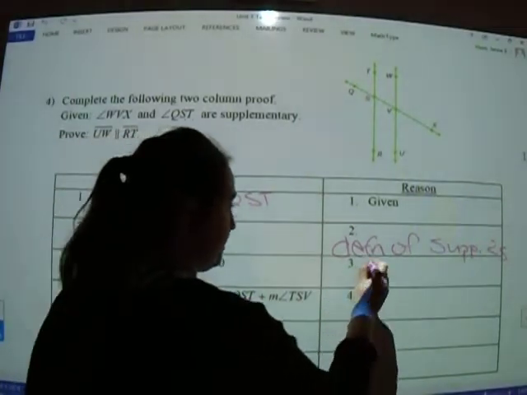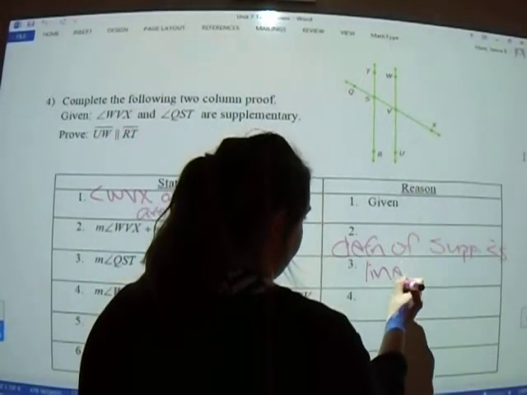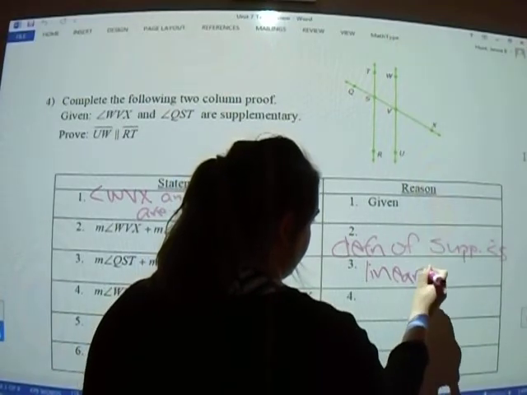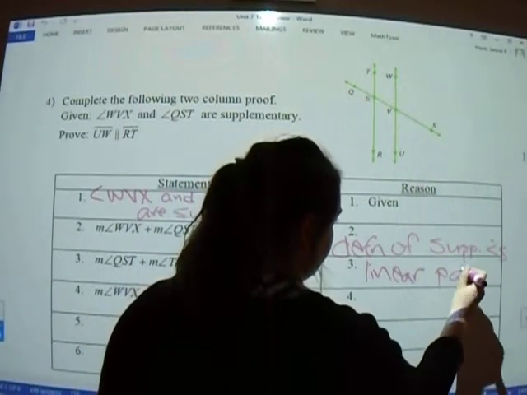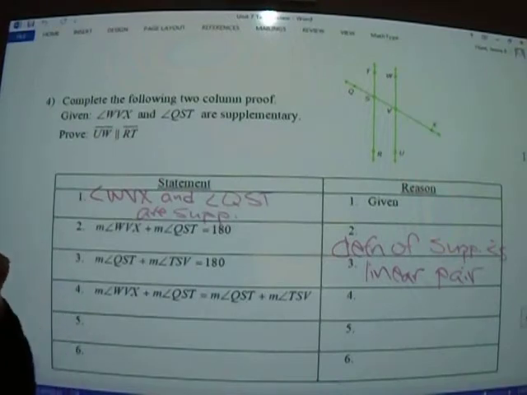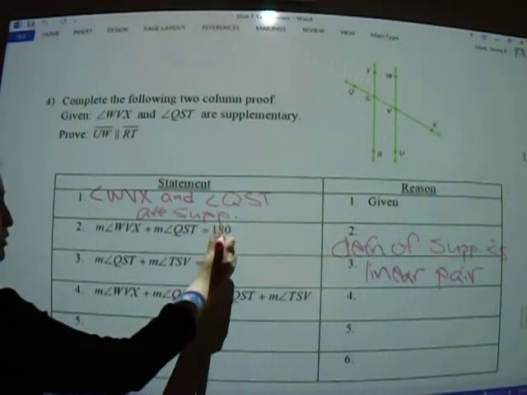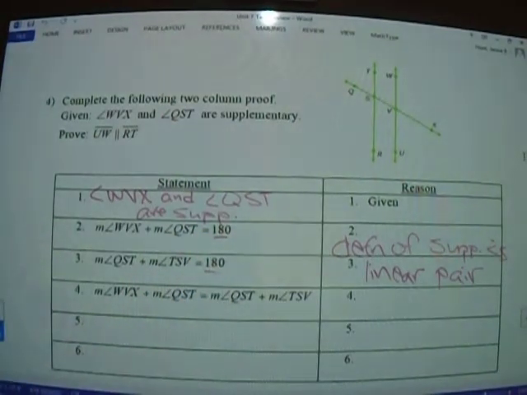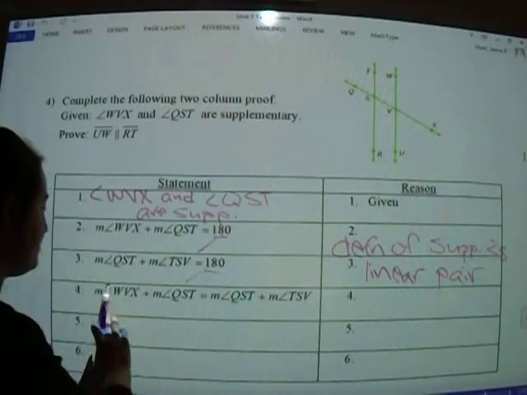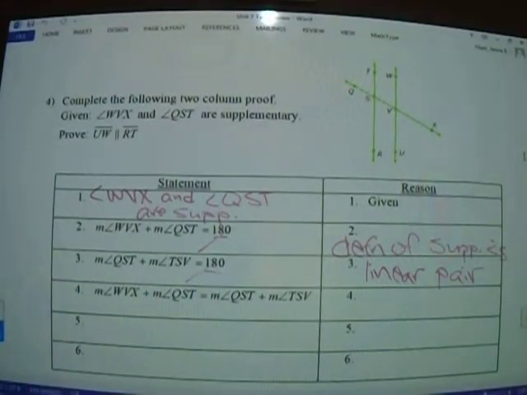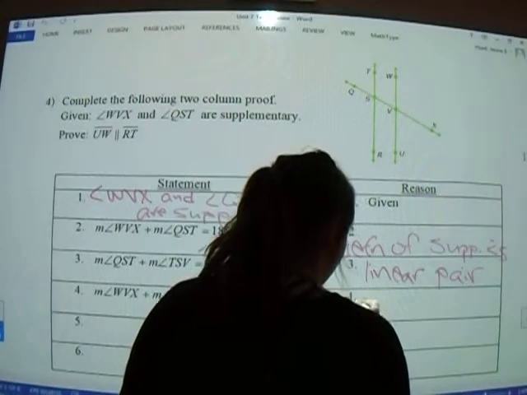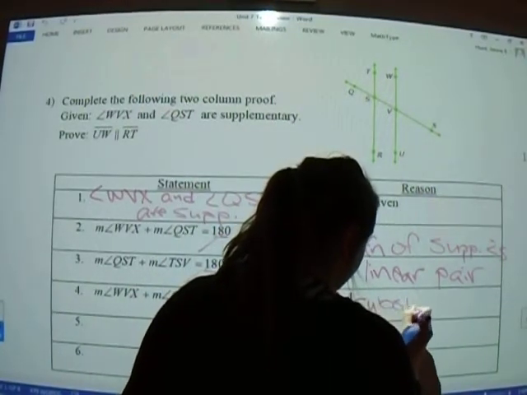All right. So we have these both equaling 180, so we can just cut out that middleman. Set them equal to each other, right? That's substitution, or the transitive property of equality, whatever you want to call it.